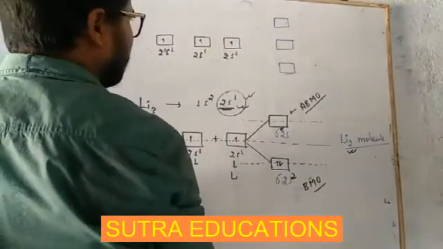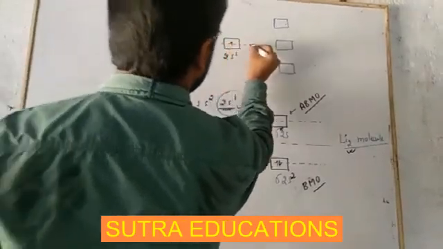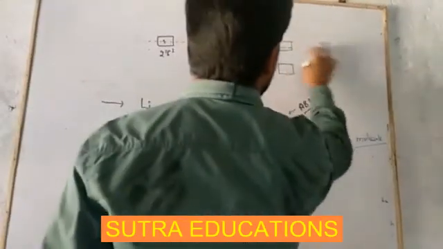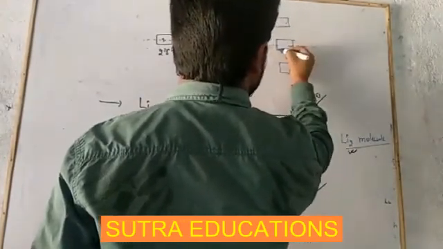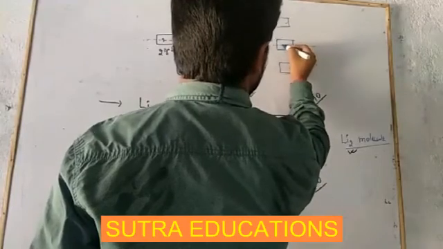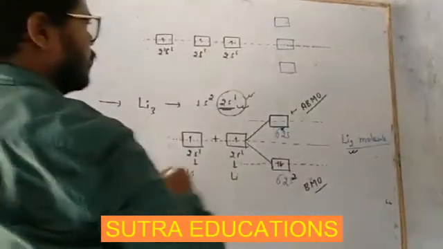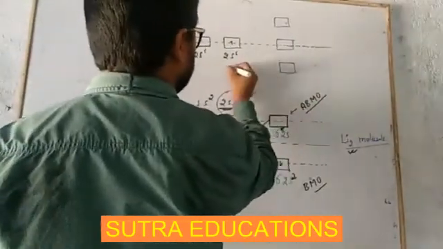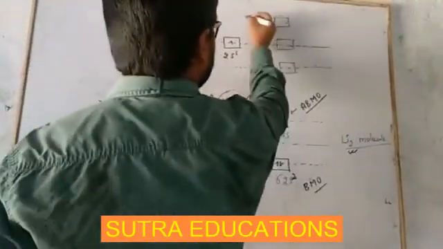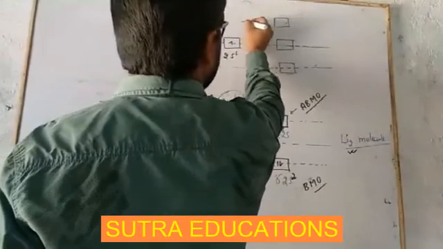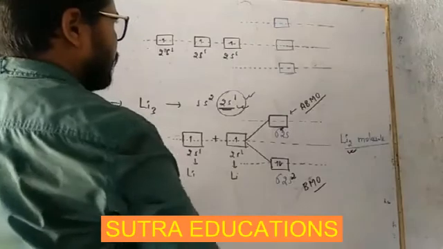So these are the energy levels. This is the energy level of bonding, and this one is the energy level of anti-bonding.